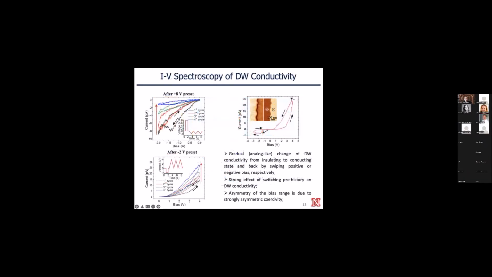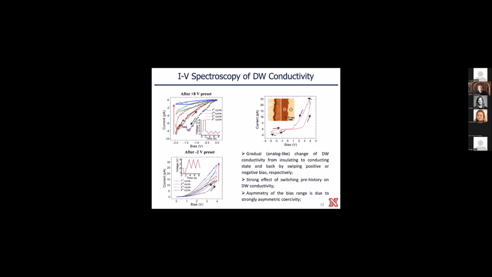Local IV spectroscopy of these domain walls has been carried out in order to get additional insight into the memristive behavior. So we have typical counterclockwise hysteresis in the positive half cycle and clockwise hysteresis in the negative half cycle, due to the fact that the positive voltage enhances the domain wall conductivity while negative bias suppresses it.